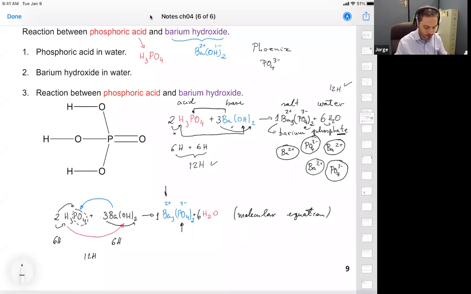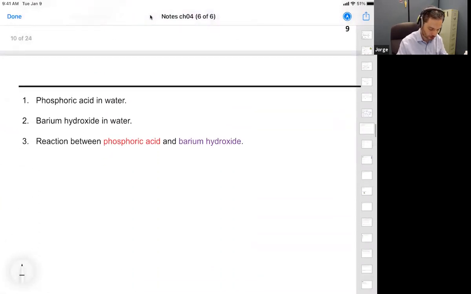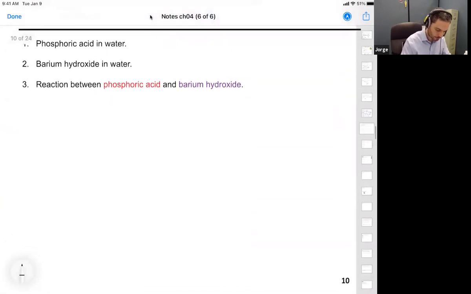Okay, so now let's write the overall ionic equation. To write the overall ionic equation, the first step is a pre-reaction between acid and water, and also base and water.